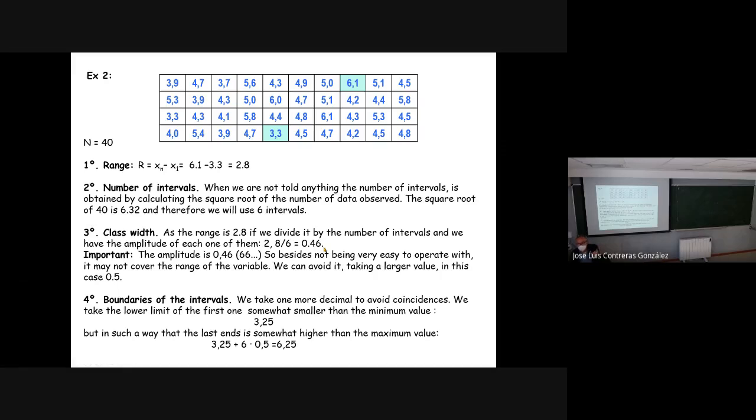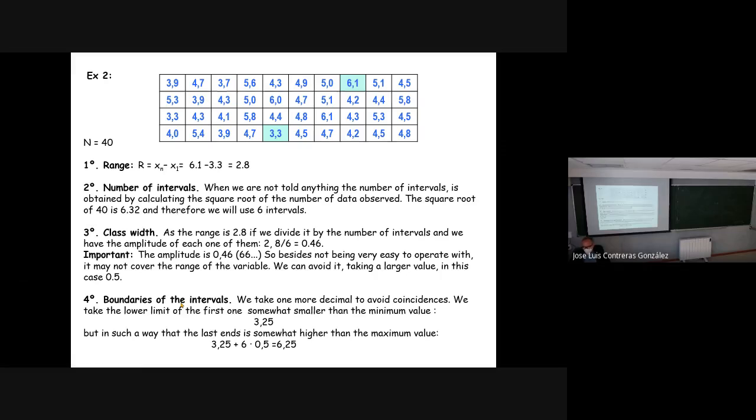But this is difficult to remember, better round it to 0.5. Okay, so we will choose a class width of 0.5, which means 5 euros.